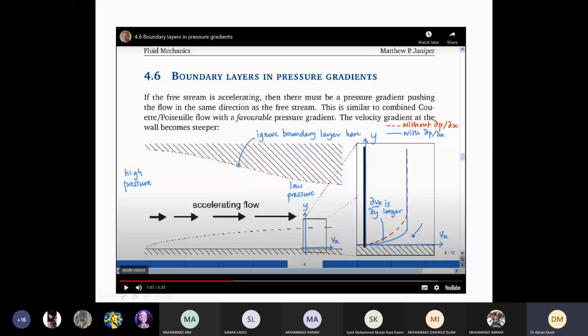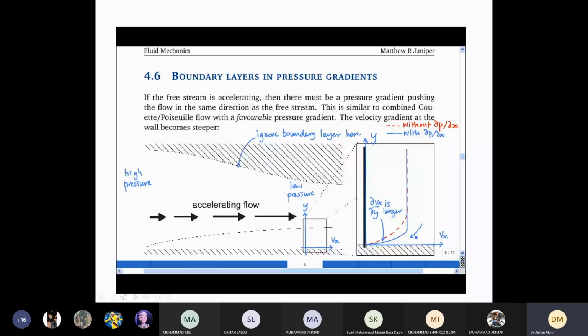In this case, delta p over delta x is less than 0. So in that case we have a favorable pressure gradient, which is the case in which the flow is accelerating, right? We also find that the boundary layer is a bit thinner, and that is due to conservation of angular momentum within the boundary layer, but I won't deal with that here.